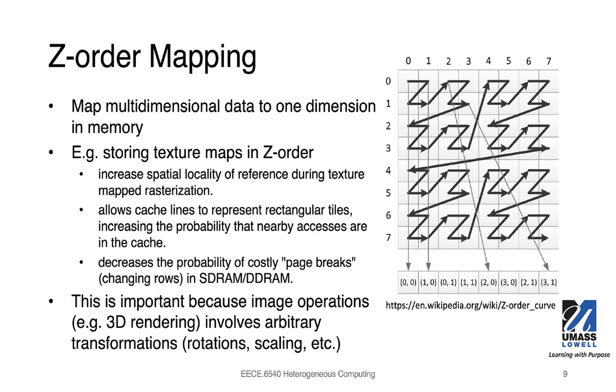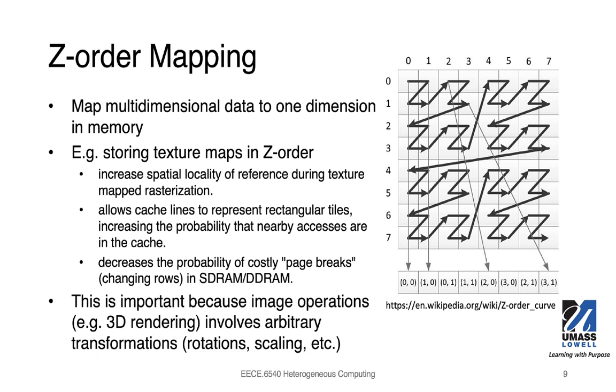This can help cache lines to represent rectangular tiles, increasing the probability that nearby accesses are already in the cache. And it decreases the probability of costly page breaks in SDRAM or DRAM or DDR RAM.